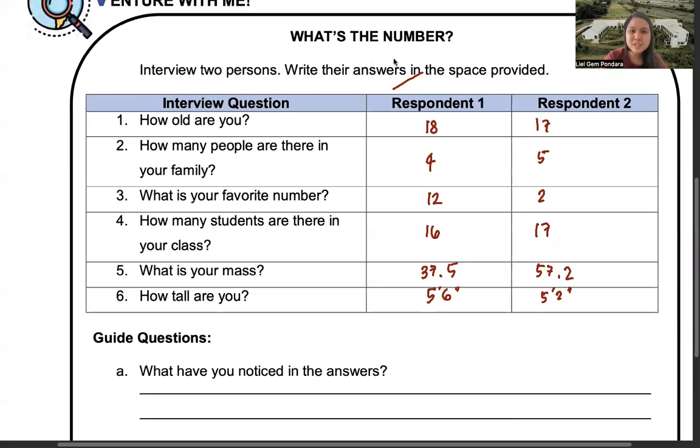Now, let me check first, because you only know you're 18 years old and 17, right? But in reality, you're not exactly 18 or 17. So you're 18 and 1/2, or some of you are 17 and 3/4.